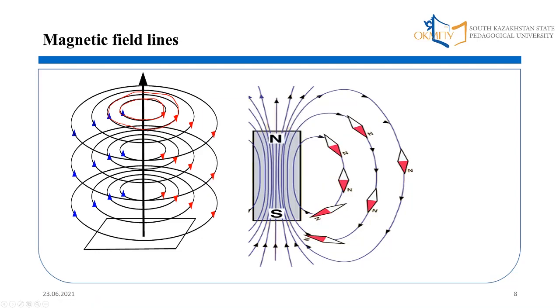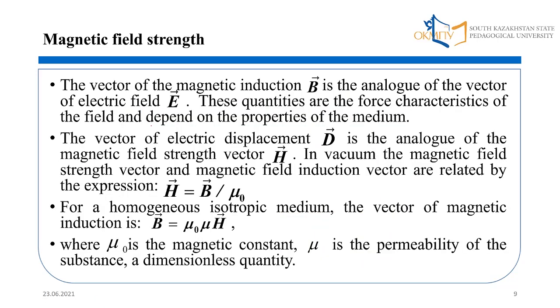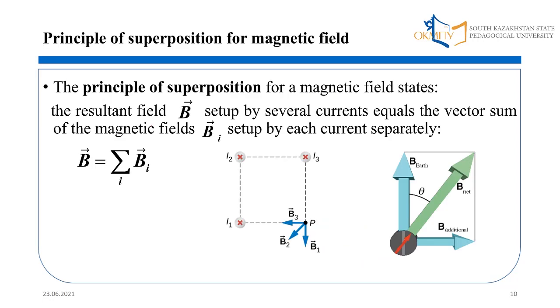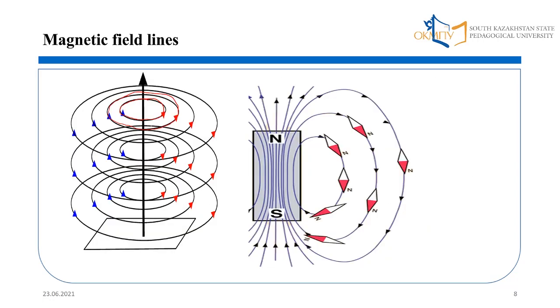They have no beginning and no ending, they are continuous, and they never cross each other. And we see that at each point of these lines, the magnetic field is tangent to the lines at this point.